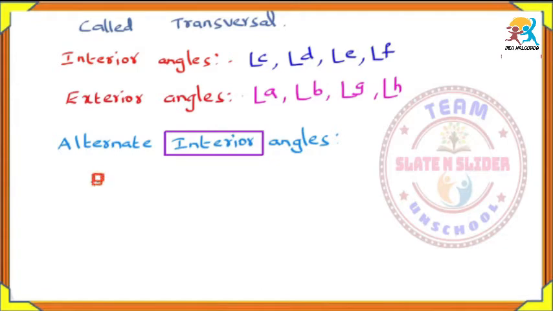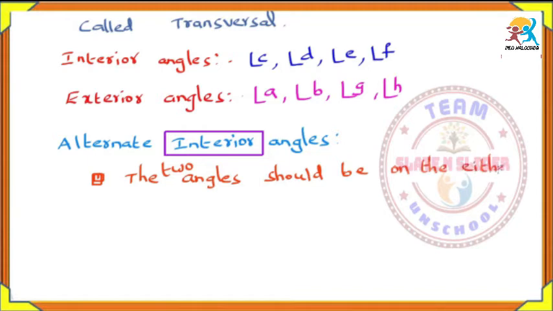I will write, alternate interior angles means we have to take two angles, so the two angles should be on either side of the transversal. This is the first point for alternate angles.